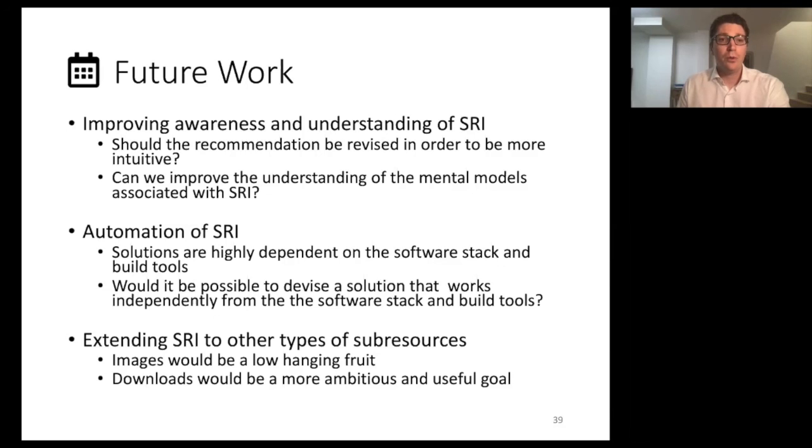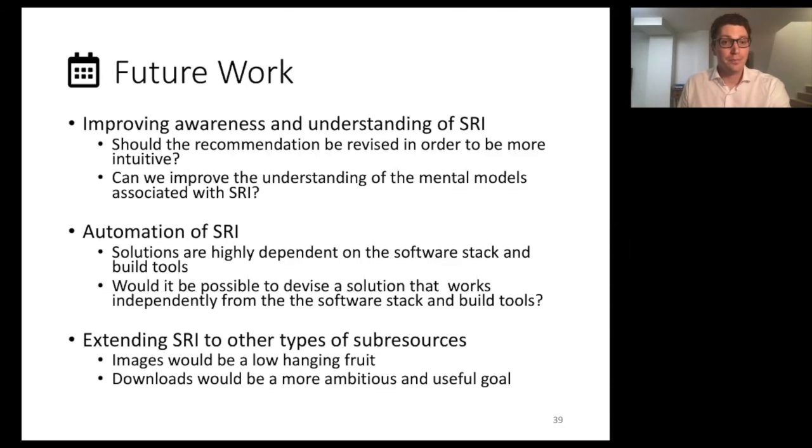We would love to investigate the automation of SRI, for instance, with solutions that are highly independent from the software stack and the build tools. The question is, would it be possible to devise a solution that works independently from the software stack? So we don't target simply a small community associated with a framework, but the whole web development community.